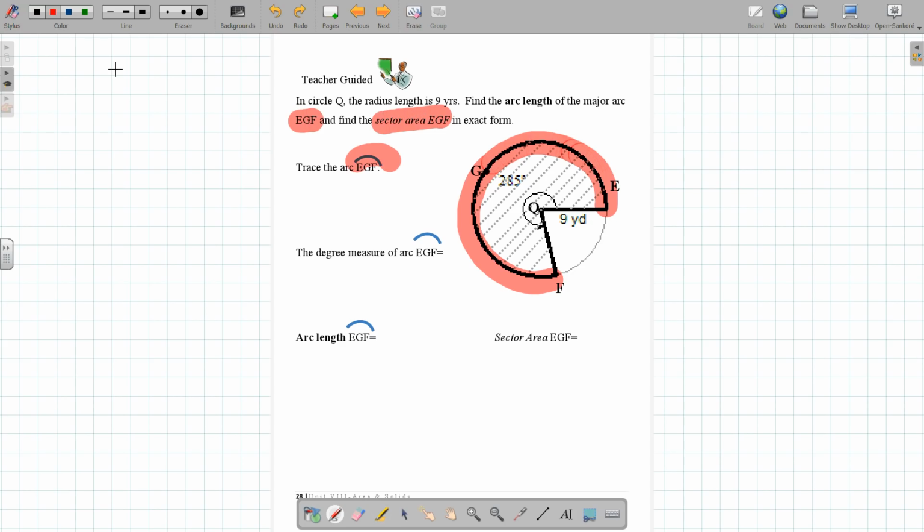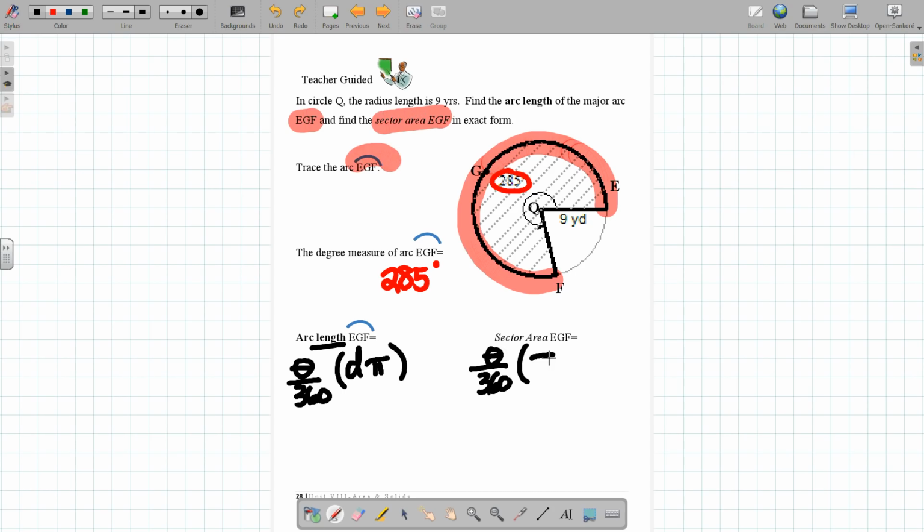Let's find the degree measure. We already have it. Now we're going to find the arc length. Arc length is a fraction of the circumference. Sector area is a fraction of the area.